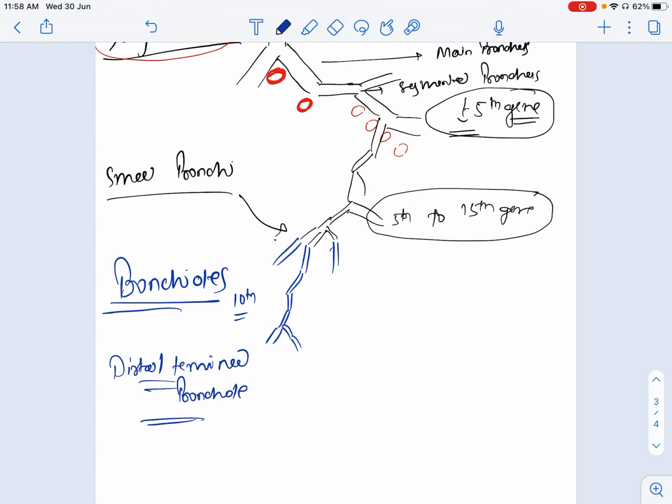This terminal bronchiole continues as the acinus, which continues as the respiratory bronchiole, which has the alveolar duct, and ultimately it goes into the alveoli.